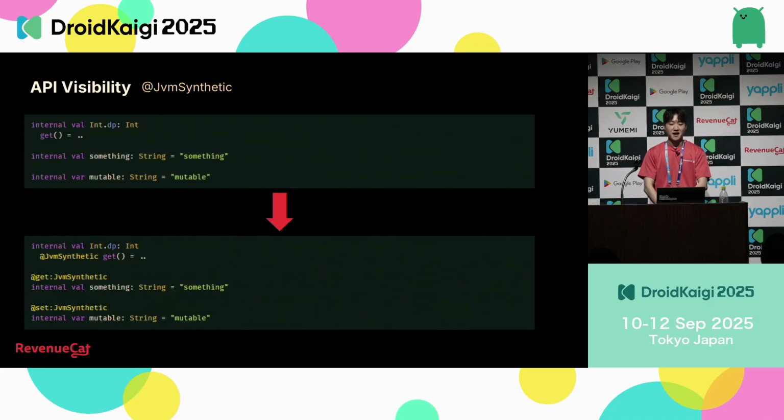And properties are all the same. By default, the Kotlin compiler automatically generates getters and setters for your properties. So you should also specify visibility modifiers for your properties or extensions as well.